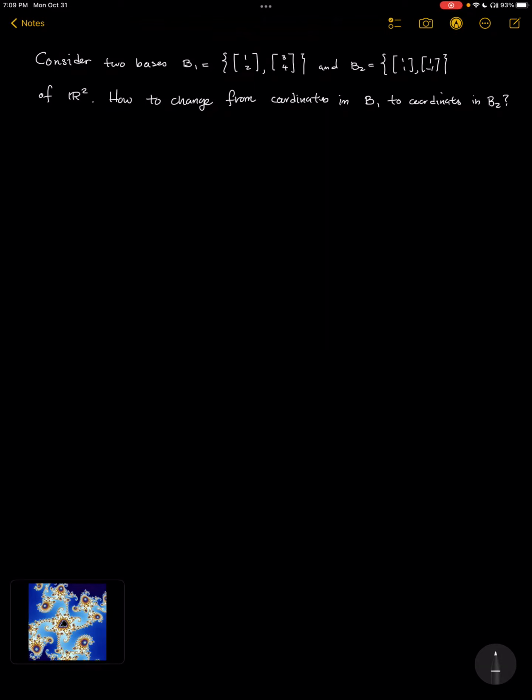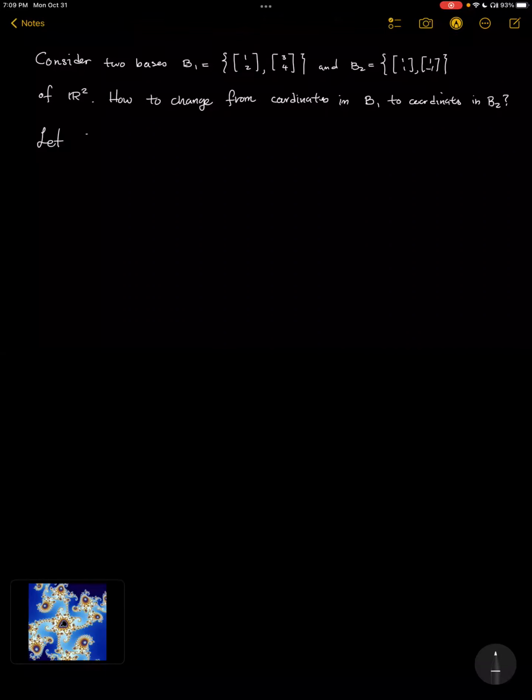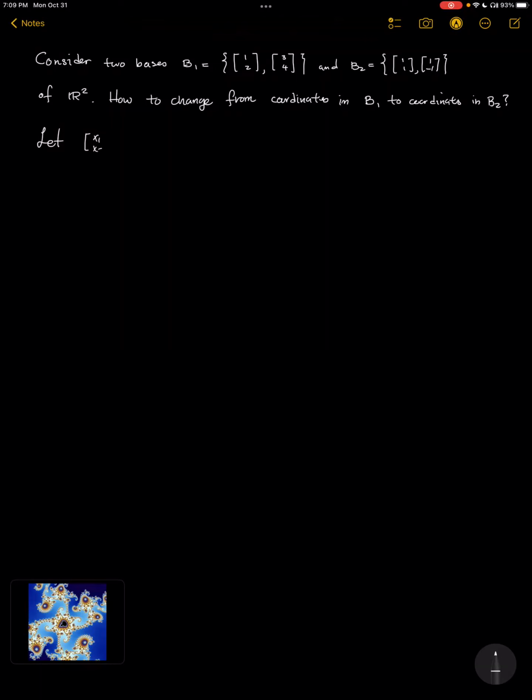So I will start with the following. What does it mean to change? Well, actually to have a coordinate system. So let's start with this. Let (x1, x2) be a vector in R2.